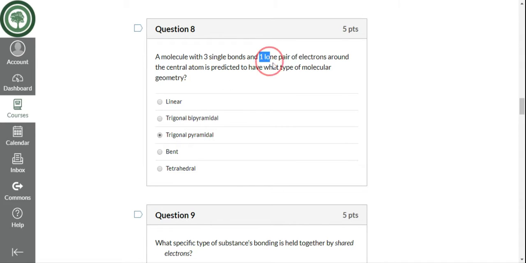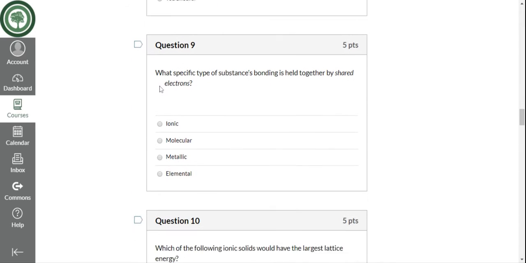But with 1 non-bonding pair, instead of trigonal planar, it's trigonal pyramidal. Trigonal bipyramidal is what you would get if there were, let's see, 5. It needs to have 5 different things bonded to it, but that's not one we covered.